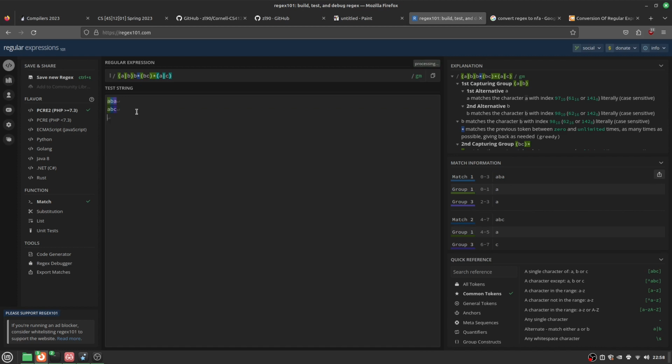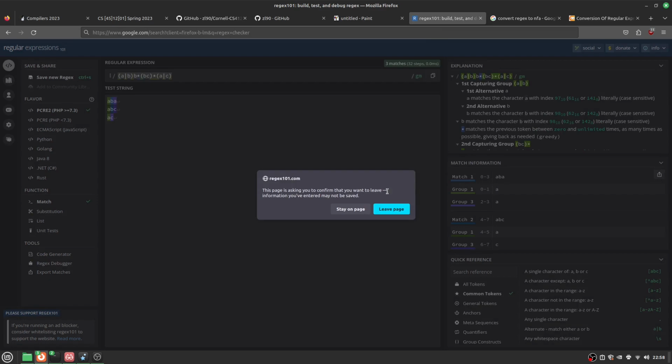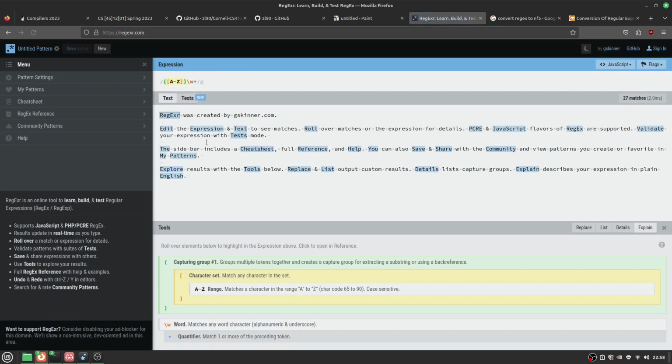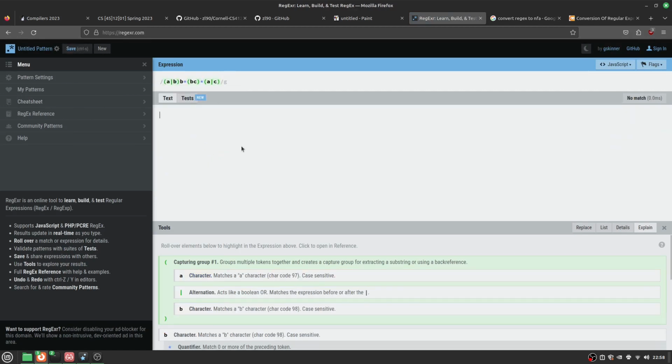So AC shouldn't match, right? So AC. Damn it. It does match.